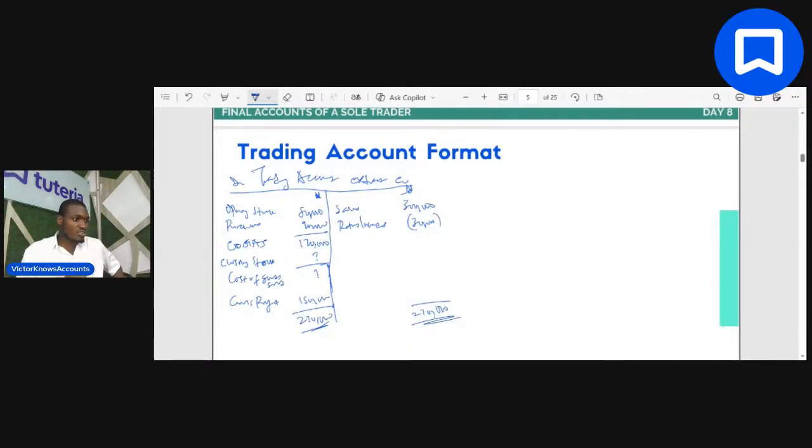Now, who wants to solve this for us? Who wants to drop the answer for closing stock for us based on the format that we just learned?